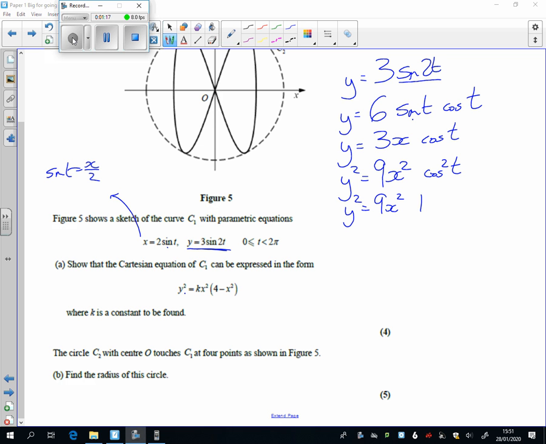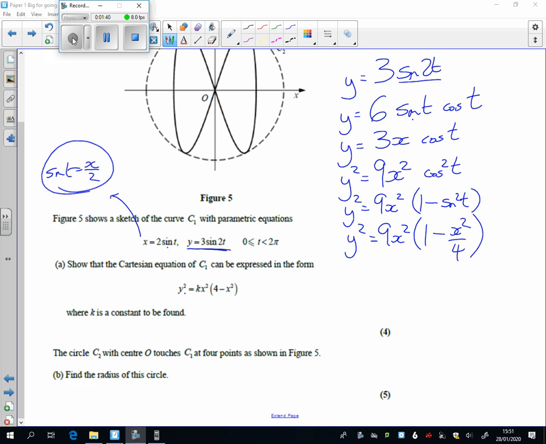So we've got 1 minus sine squared t in here. And what's sine squared t? Well, sine squared t is this thing squared. So I've got y squared equals 9x squared lots of 1 minus x squared over 4.